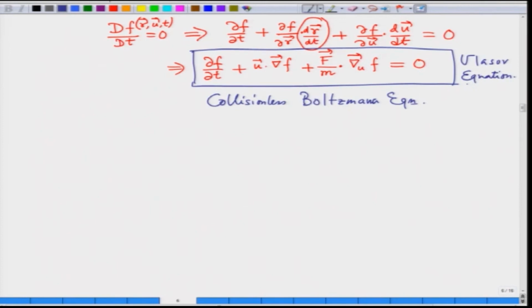Because we could use Liouville's theorem and hence derive this only for a collisionless gas. As you will see that I will discuss next, if the system is not without collision, that means with collision, then the right hand side is no longer 0. Okay. Thank you.